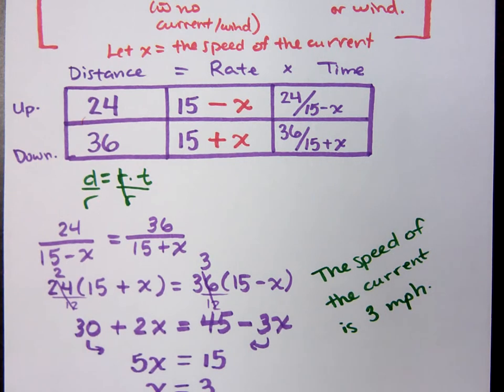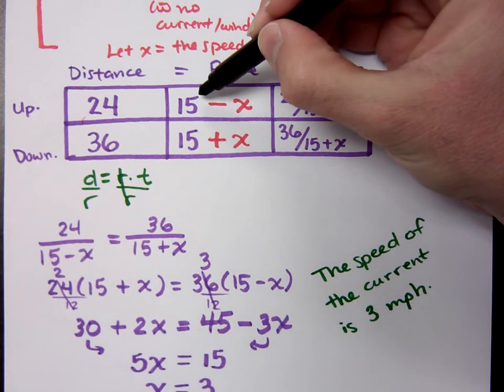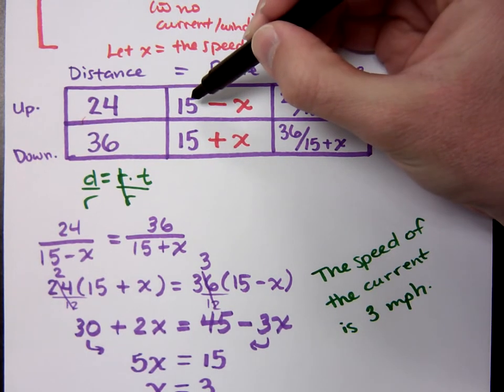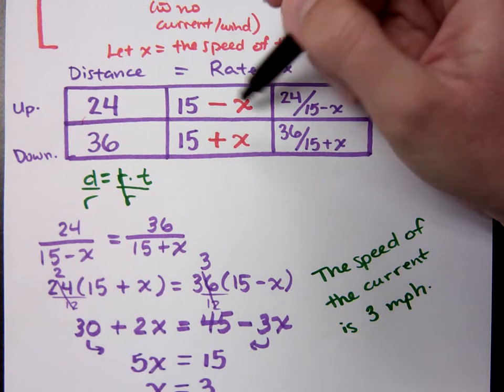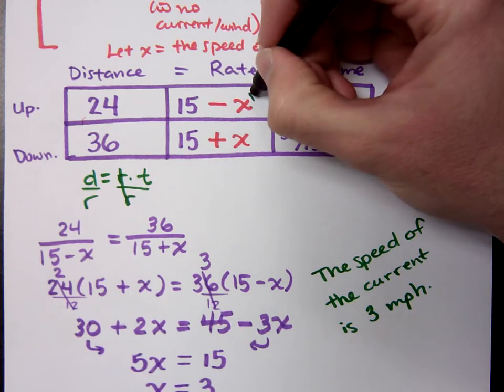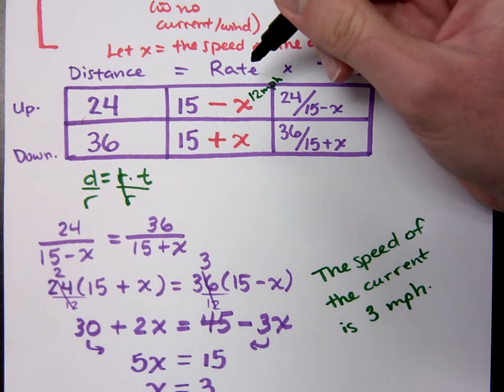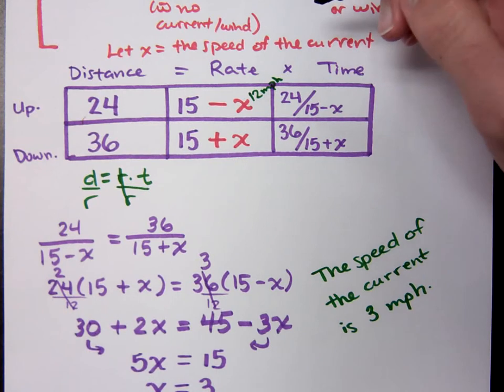Well, I want you to think about this. Come back up here to your chart. If you're going upstream, that means you have an effective rate of what? 15 minus 3. So you are effectively going at 12 miles per hour, right? What about when you're going downstream, when you get to add the speed to your 15 miles per hour?